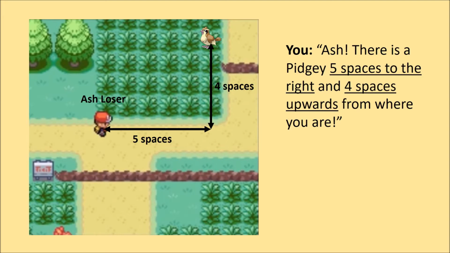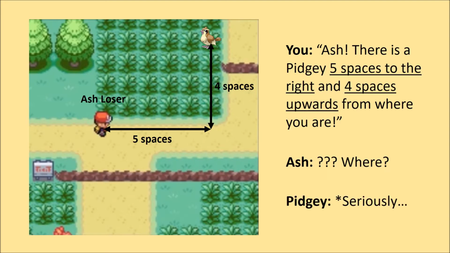Isn't that a mouthful? It's a very long sentence, isn't it? Ash is probably not going to catch the information, and by the time you're done with the sentence, the PG is probably going to fly off anyways. So what if there is a better way to tell Ash Loser where the PG is?